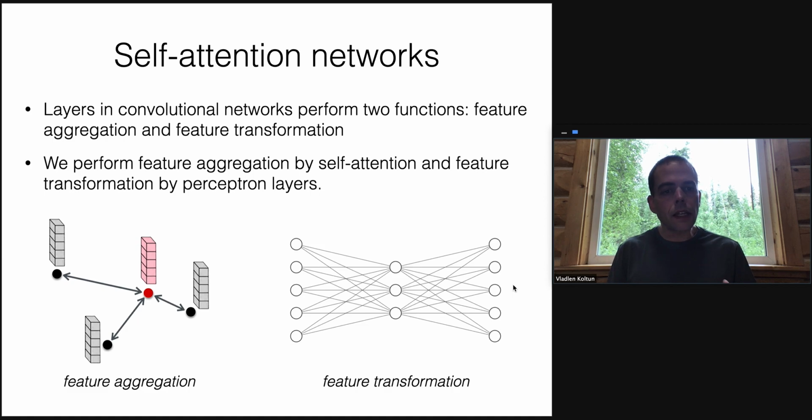In our self-attention networks, these two functions are decoupled. The feature aggregation is performed by the self-attention operator. The feature transformation is actually easy. It can be performed pointwise. It doesn't need to have a receptive field.